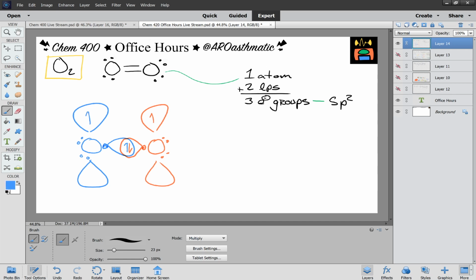This is here because our sp2 hybridization left one p orbital out of the hybridization scheme.